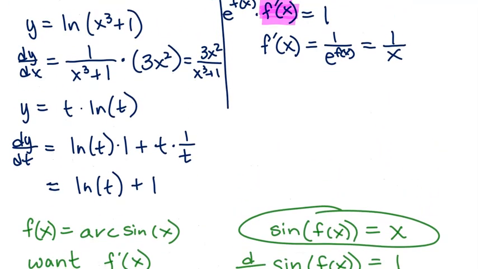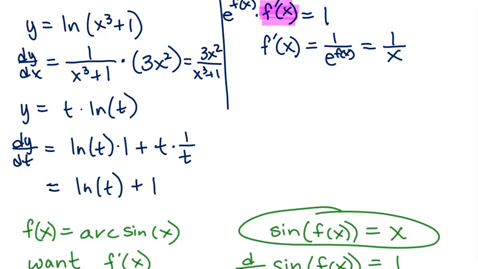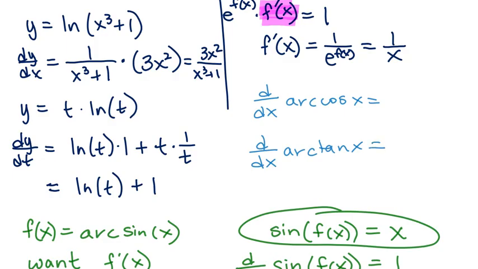So we've added the natural log shortcut. We've just done the inverse sine shortcut. The other two are arc cosine of x, or inverse cosine of x, and arctangent of x. The derivative of arc cosine ends up just being negative 1 over the square root of 1 minus x squared.